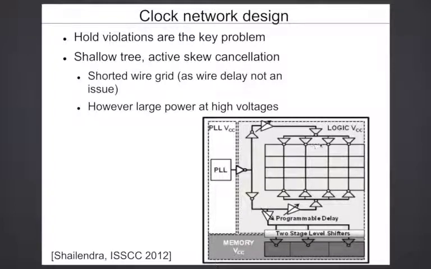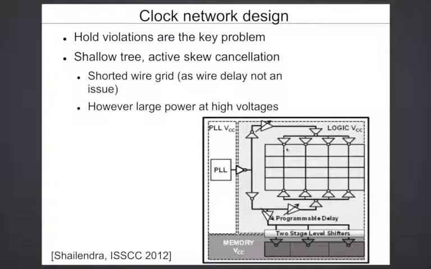So the question is, if the RC delay becomes comparable with the gate delay, what will happen to this? The RC delay has to be kept small. Now the problem is that at super-threshold operation at high voltages, the RC delay and the gate delays become comparable.